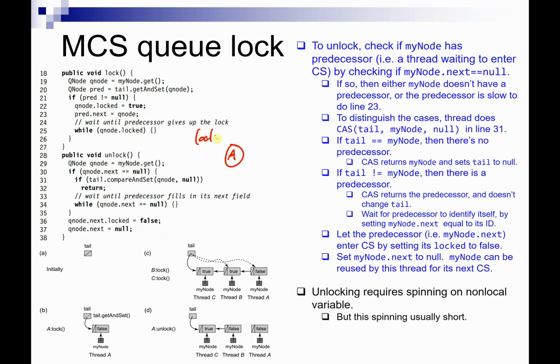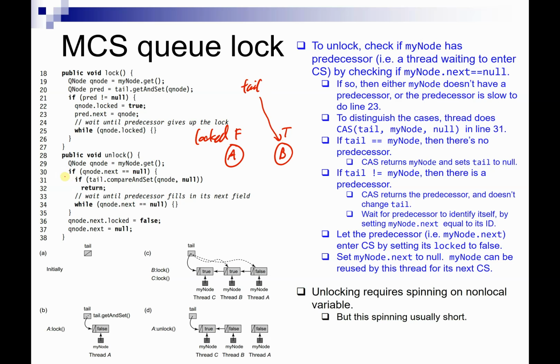He has a locked field, which is currently false. And then we have a B here, and then we have a tail. And then this is his locked is true.